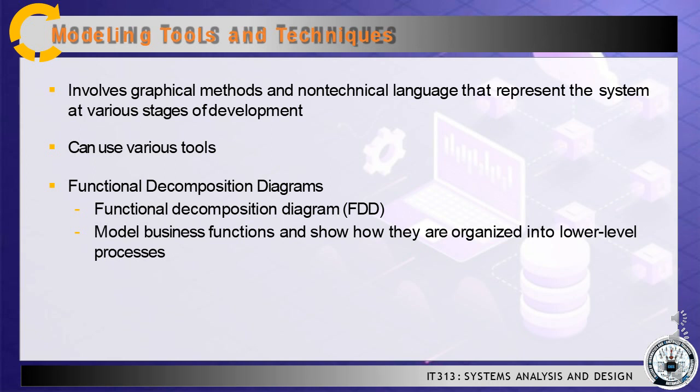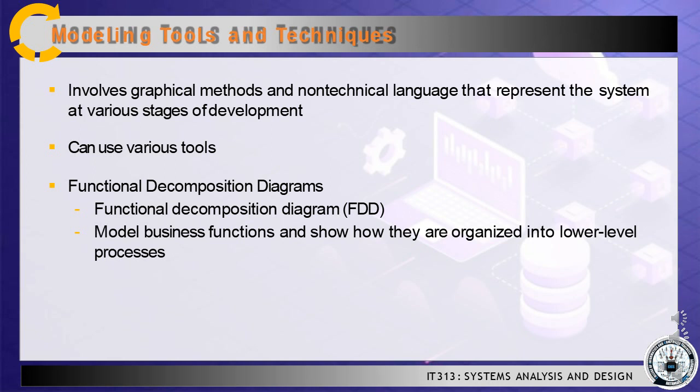Models help users, managers, and IT professionals understand the design of a system. Modeling involves graphical methods and non-technical language that represent the system at various stages of development. During requirements modeling, you can use various tools to describe business processes, requirements, and user interaction with the system. System analysts use modeling and fact-finding interactively.